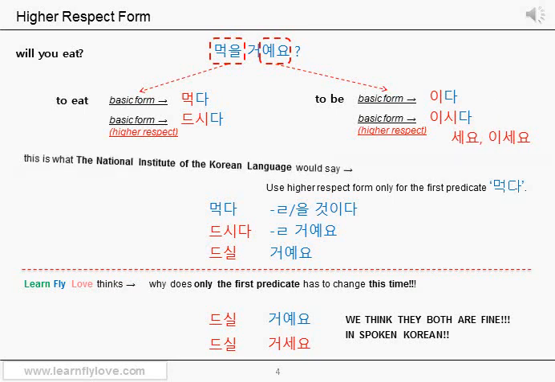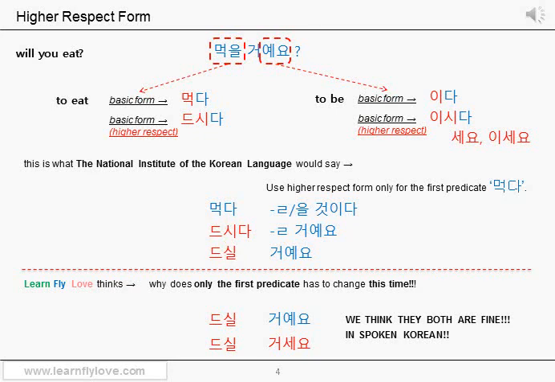The National Institute of the Korean Language would say, because 이다, 예요, 이에요 is a predicate particle or auxiliary predicate, whatever the term is, it's not a verb nor an adjective. So when you turn this 먹을 거예요 into a higher respect form, you should turn only the first verb part into a higher respect form. 드실 거예요. Yeah, okay, it makes sense.